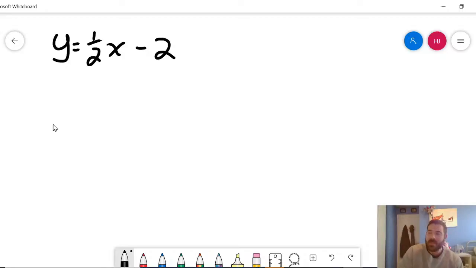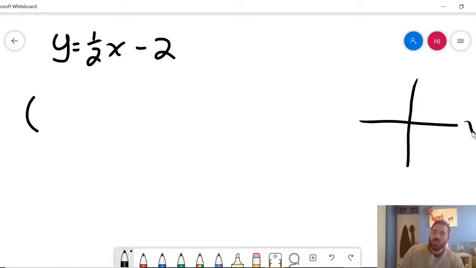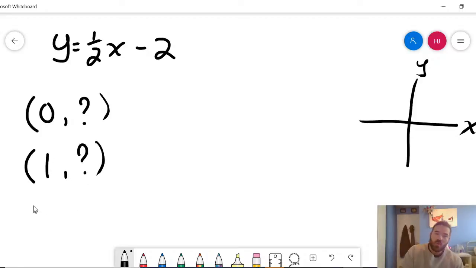We can do that by picking a bunch of random x values and finding out what the y values would be. So let's say I want to know what the y coordinate would be when the x is 0. Or maybe I want to know what the y coordinate is when the x is 1. Or maybe when the x is 2.